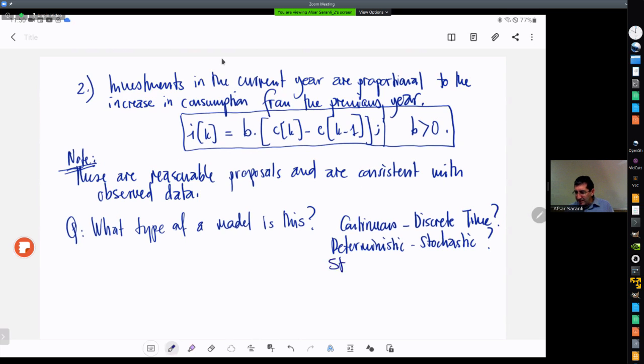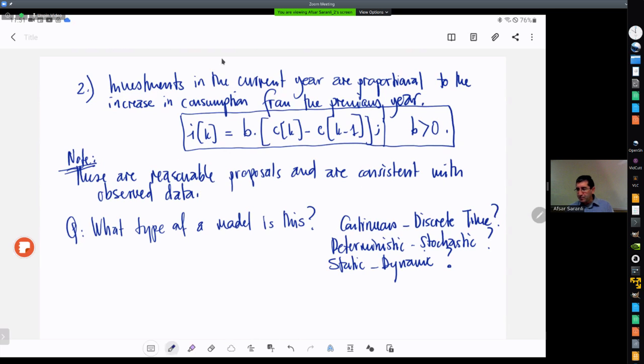Is it static or dynamic? Well, we can say that this is a dynamic model because we have difference equations. In discrete time, difference equations correspond to differential equations in continuous time. And remember that you have a static system when you have only algebraic relationships. Whenever you have differential or difference relationships, you have a dynamic system.